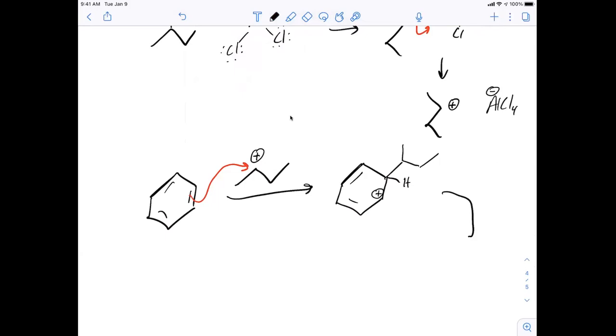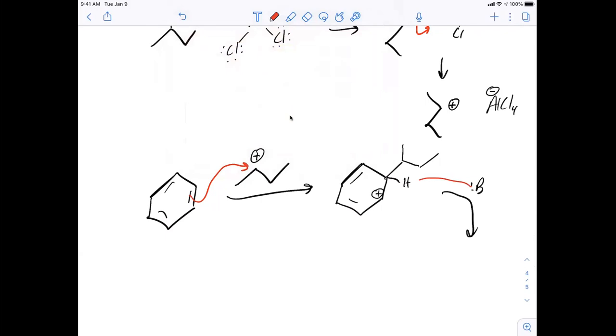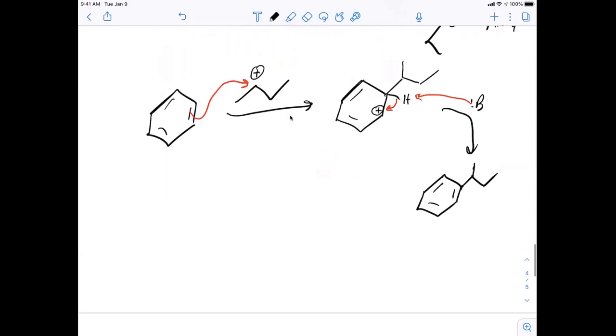That proton wants to reform the aromaticity. So base, and even though AlCl4 minus is not a good base, it is in this case, right? So that's a very acidic proton because it wants to go back to aromaticity. So I reform that aromatic. Okay, new electrophile, same mechanism, and I form the substitution.